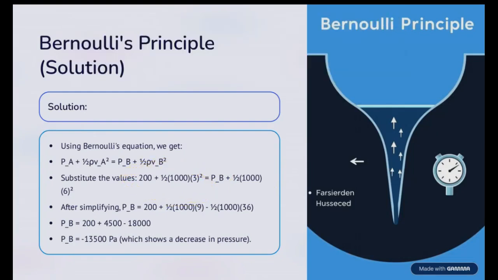Once we've solved it, we'll get an expression that looks like this. We could collect like terms or just rearrange, take this one to this other side, and solving that, we'll get our final answer. Our final pressure will be minus 13,500 Pascal. You could do it by yourself on a calculator and see whether you get the same answer. So that's the solving. I believe you understand how we apply the formula.